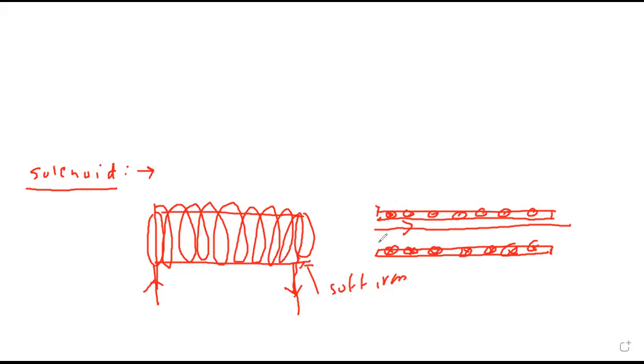Did you get it? So this is the direction of the field. Please draw these two diagrams.